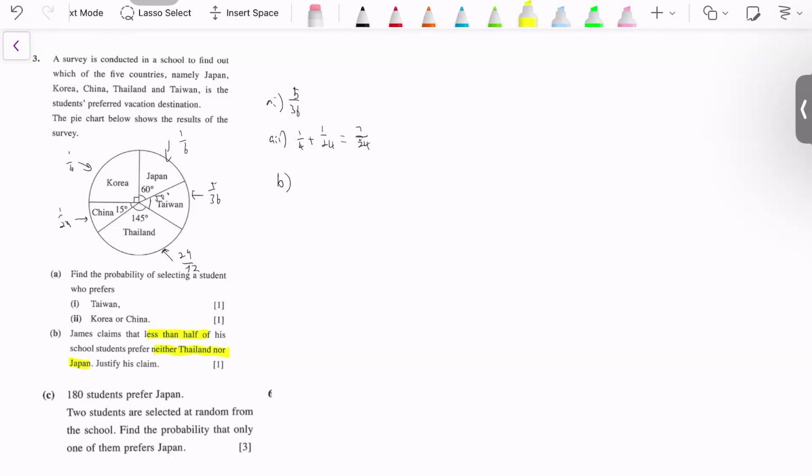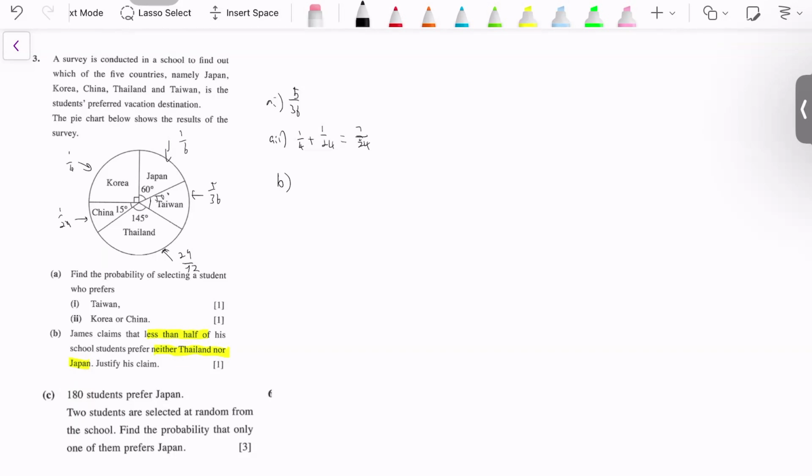So in this case, how do we calculate? What we can do is add up the probability of all the countries except Thailand and Japan, and from there we find out if it is less than half. So we don't add Thailand and Japan.